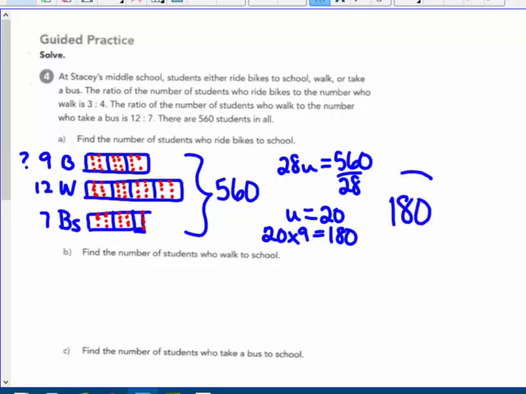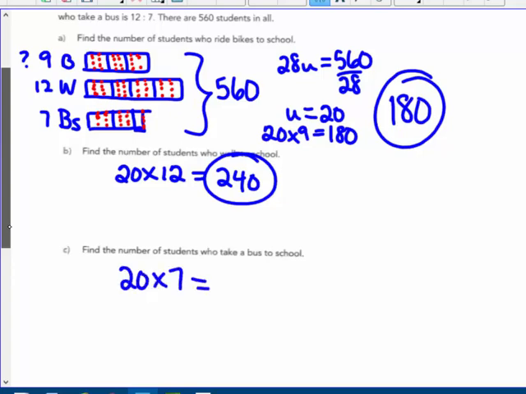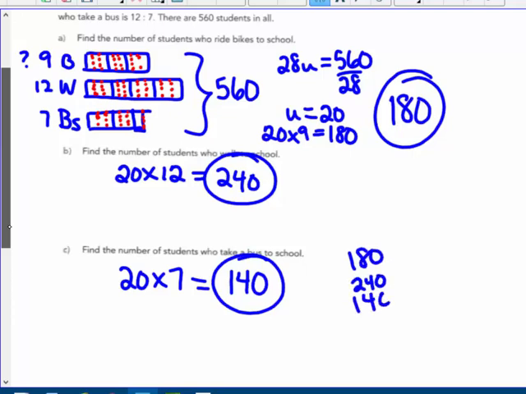I'm not going to check this one just to save time. It's 180. Find the number of students who walk. So 20 times 12 would equal 240. Find the number of students who take the bus. 20 times 7 would equal 140. And my check would be to add those together. 180, 240, and 140. And you get, yep, 560. Check. On to the next page.